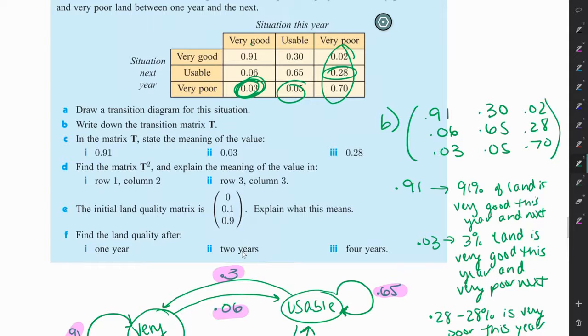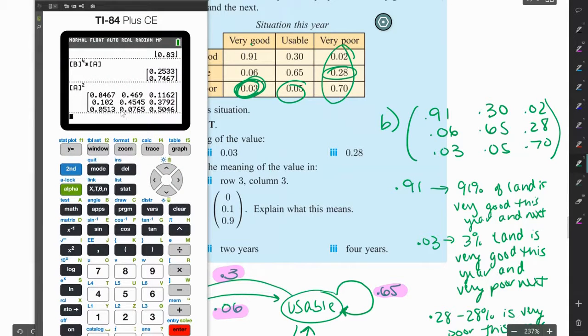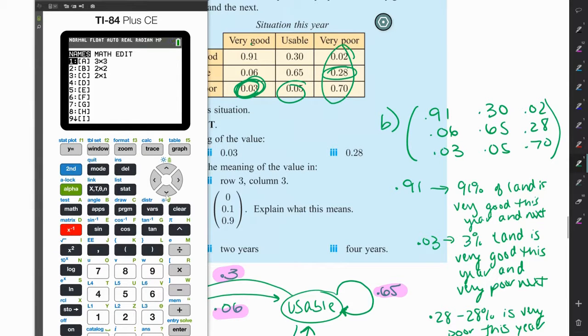But after 2 years, I already have that T in my calculator. That was the last thing we did was A squared. So what I'm going to do is make my matrix B, just to save myself some typing. My matrix B is going to be 3 rows and 1 column. And those numbers are 0, 1/10, 9/10.